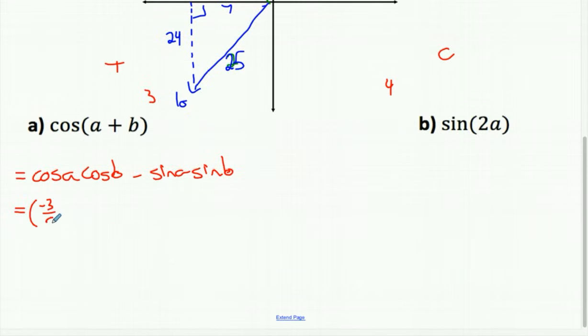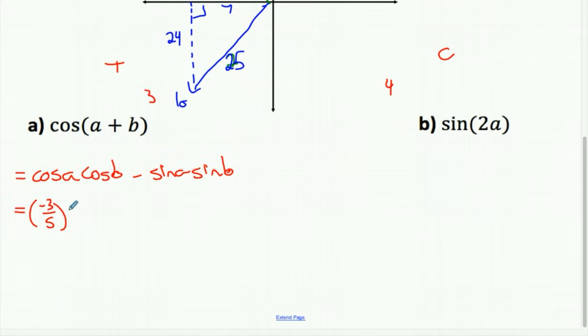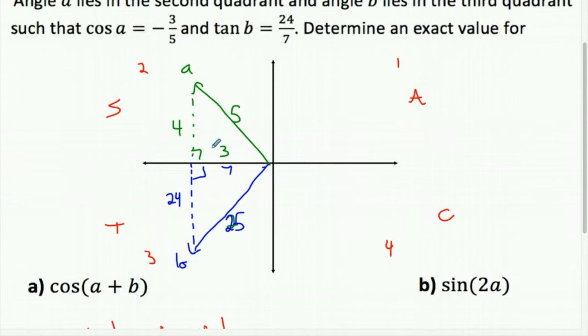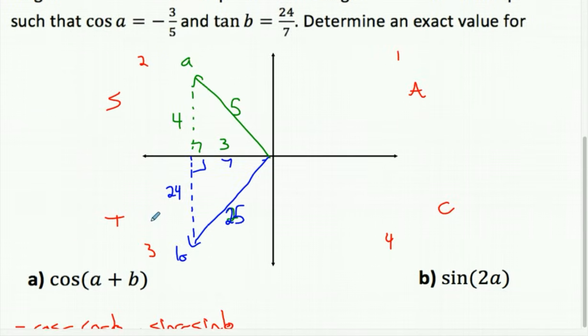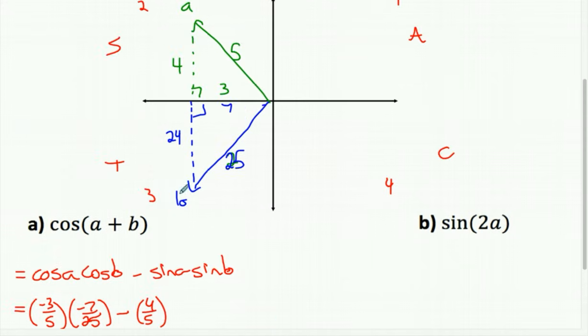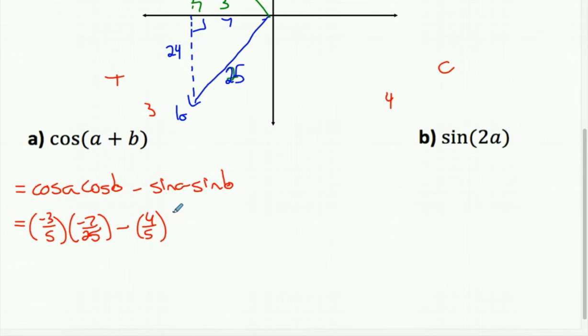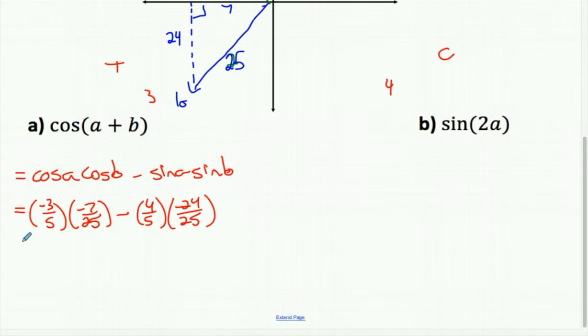Cos B, we're in the tan quadrant, so it's also going to be negative, so cosine of B would be negative 7 over 25. Minus sine A, opposite over hypotenuse, 4 over 5, and we're in the sine quadrant, so it stays positive. Sine B, opposite over hypotenuse, 24 over 25, but we're in the tan quadrant, so it becomes negative 24 over 25.